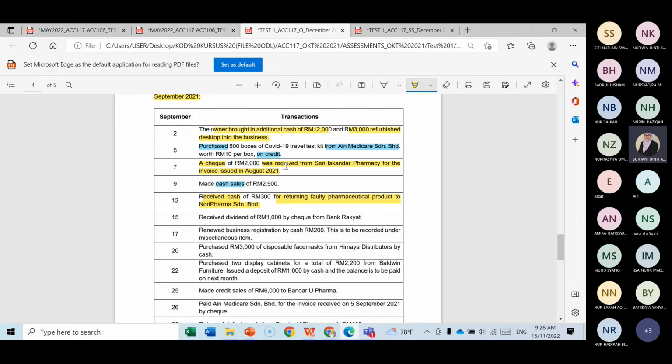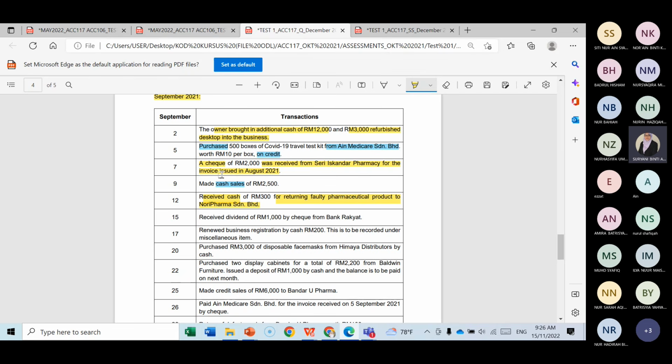Why you receive the check? Because Seri Iskandar is our customer. How do we know Seri Iskandar is our customer? Because we have given this customer an invoice on August 2021. So you need to know the meaning of invoice. Invoice is a bill.